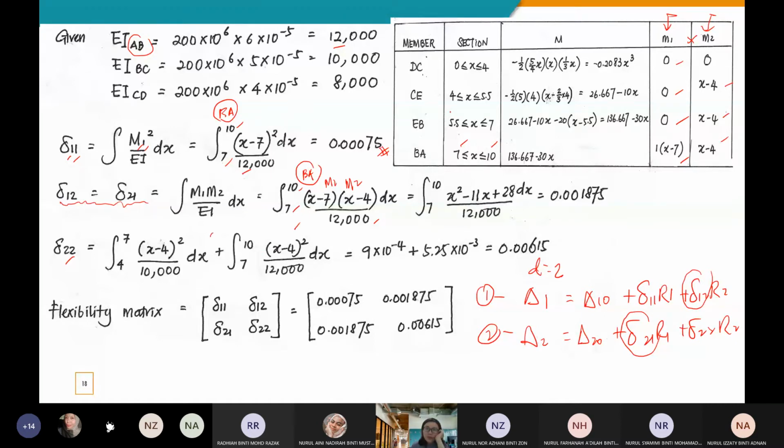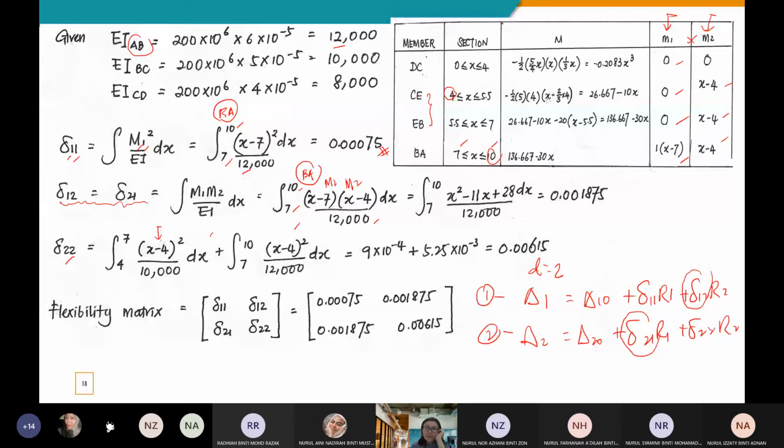This is because CE, EB, and BA, if they are having the same EI, you only need to write one equation, because the moments are the same. For these 3 sections, you just need to name the range from 4 to 10. That's all. But now your EI is different in this case.